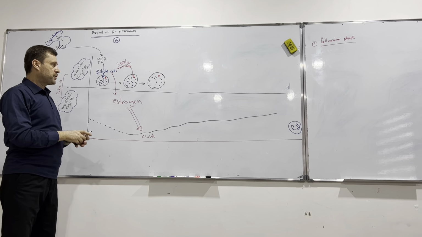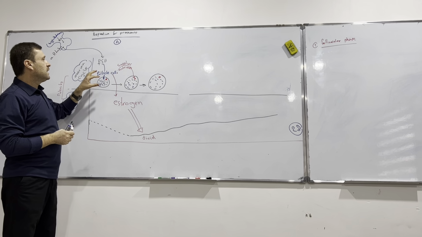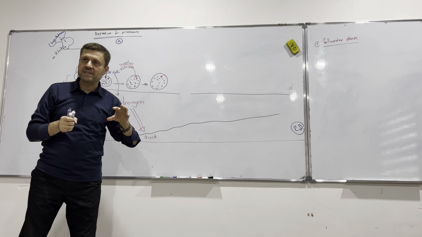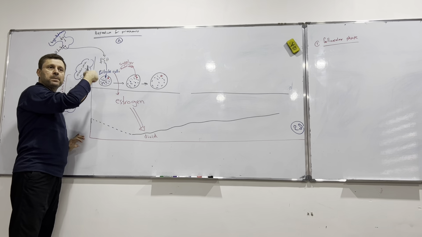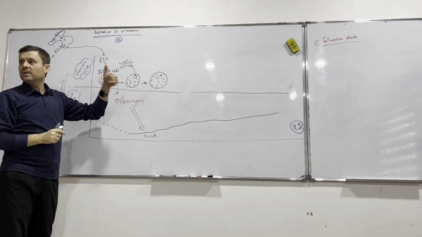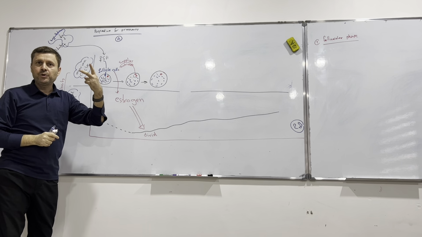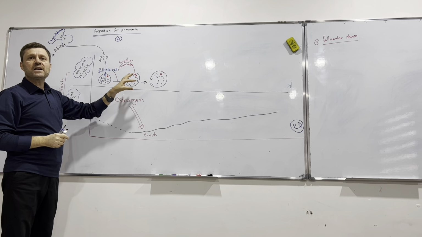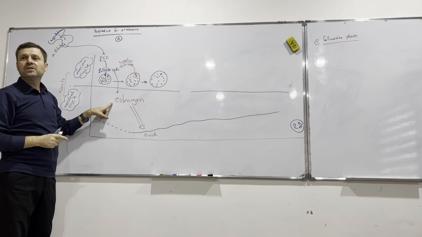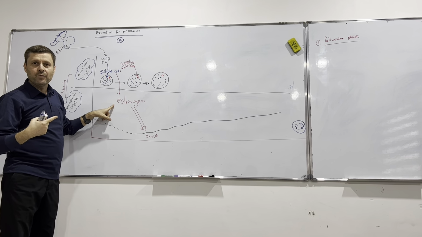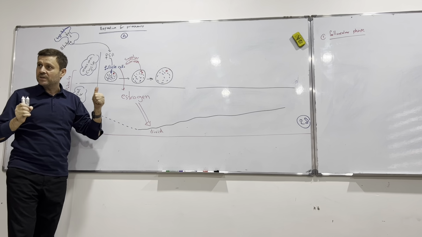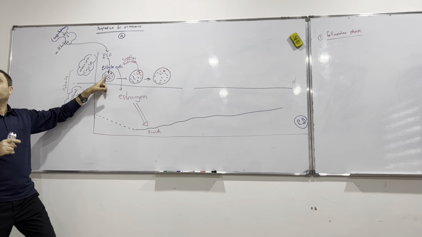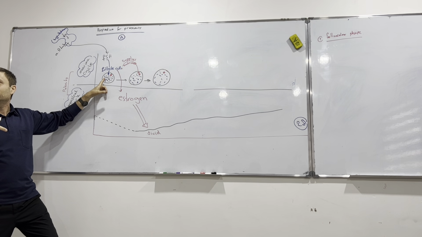Look, question. Who can tell me, during the first phase, which of the following structures provide and supply nutrients to the egg? Follicular cells. Which of the following structures produce estrogen during the first phase? Follicular cells. Which of the following hormones cause the cells in the follicle to divide?